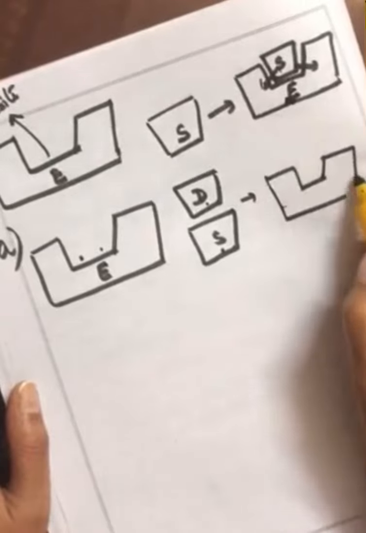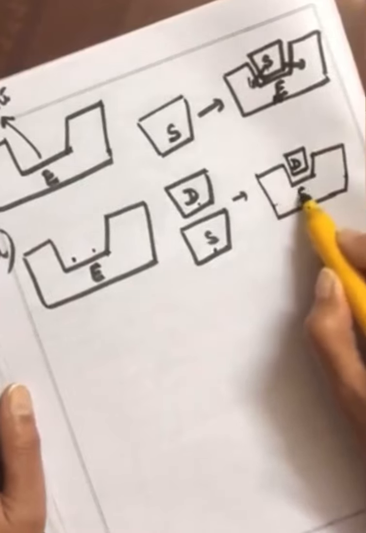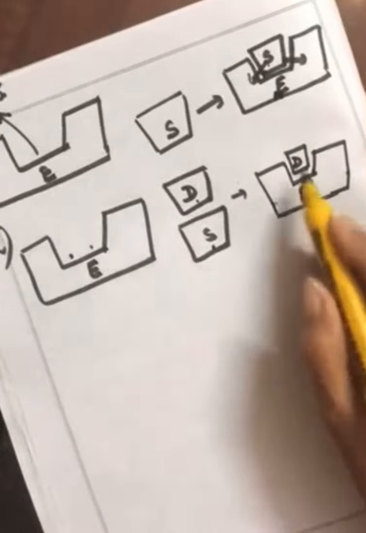It will not let the substrate link. Instead, the drug will link here at the active site. Because of this, the enzyme and substrate link is not there, so that reaction will not take place. That reaction, I said for example, was causing allergy. Since that reaction is not taking place, there will not be any allergy. That means the drug that we have taken is effective.